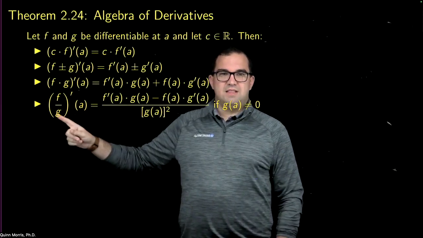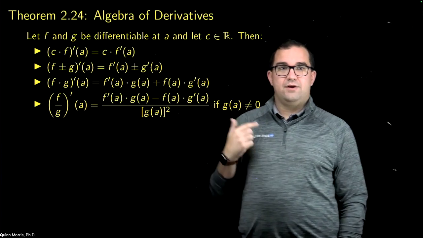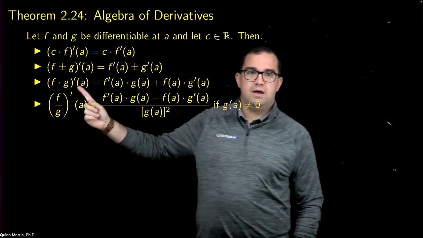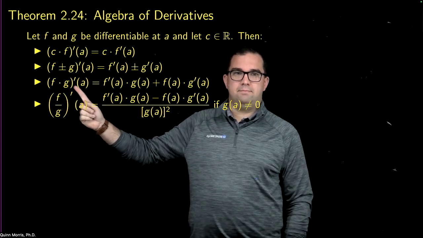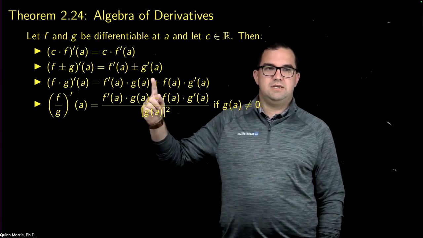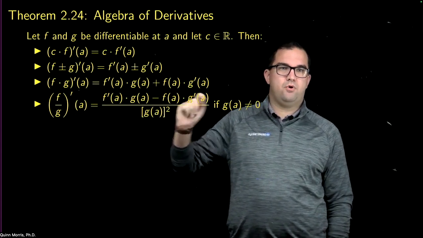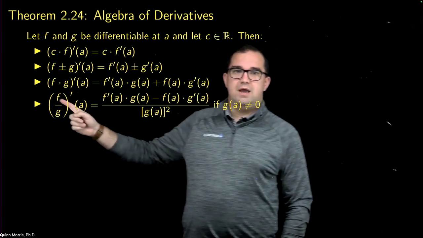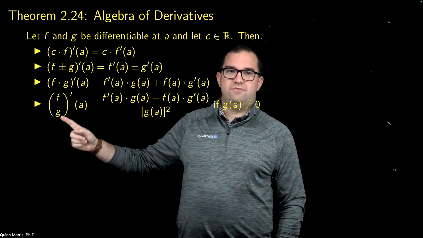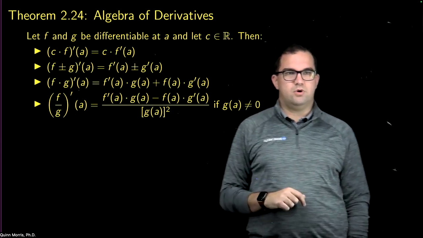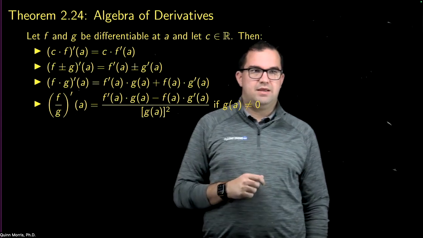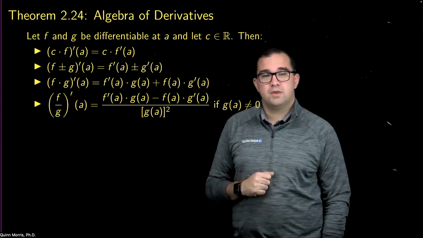And then, of course, we have these last two, which give us the product rule and quotient rule. So this says (f times g) prime is f prime g plus f g prime. So that's the product rule. And then (f divided by g) prime is this expression, which is just the quotient rule, again, provided that the denominator is not equal to 0.